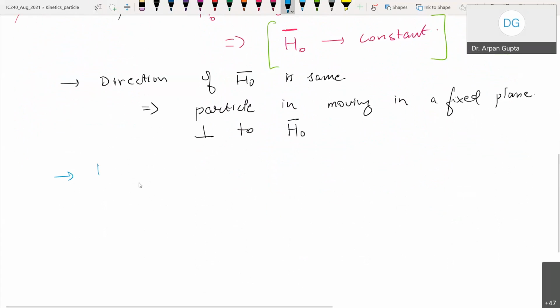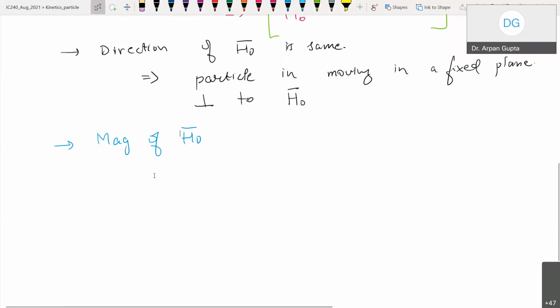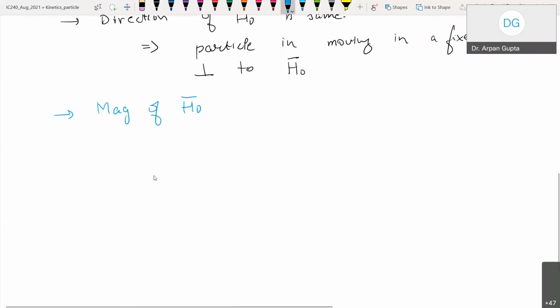The second conclusion is that the magnitude of h naught has to be the same.